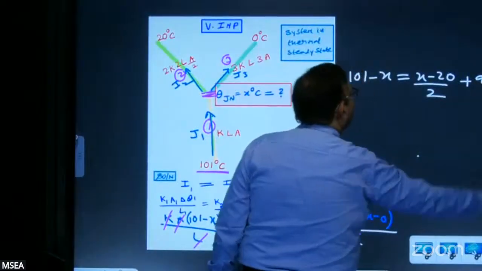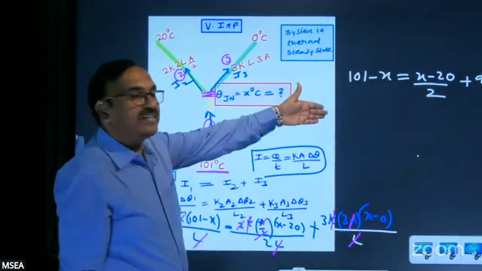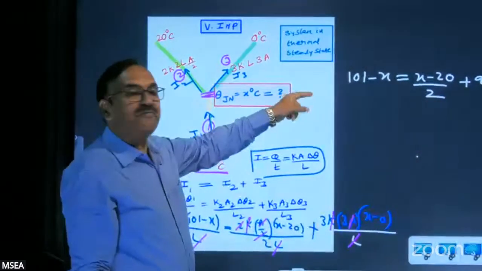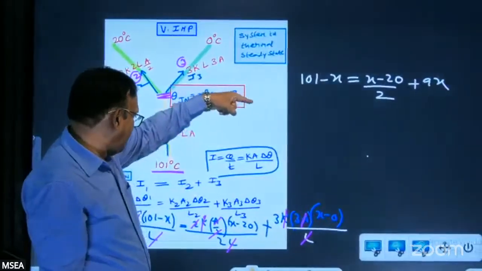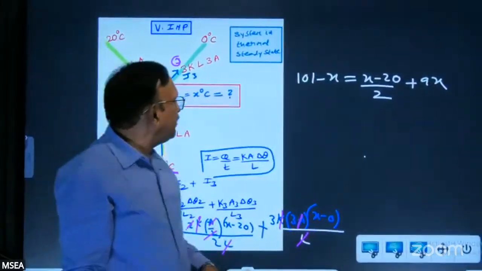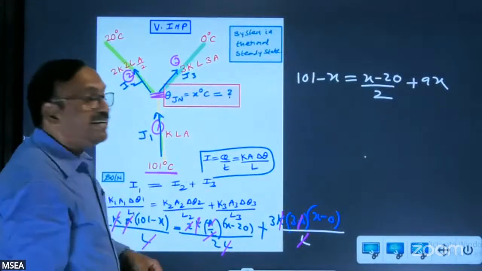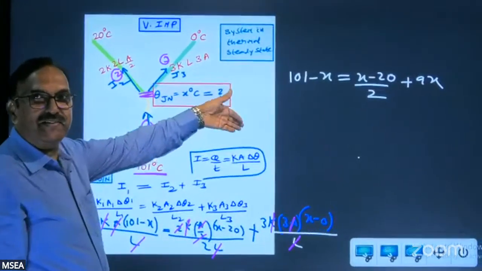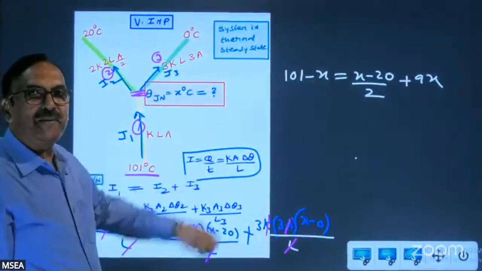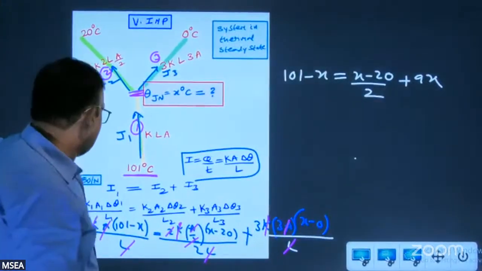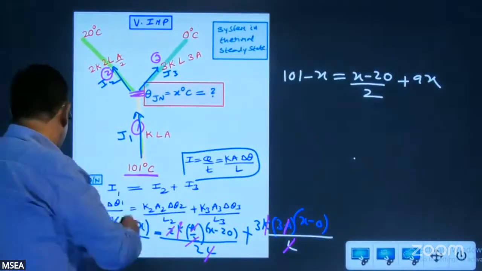You just solve this equation and you get a very comfortable value of X. Yeah, 11 degrees centigrade you will be getting. Just simplify it and test yourself. Have the practice of that arithmetic, please, and cross-check it.